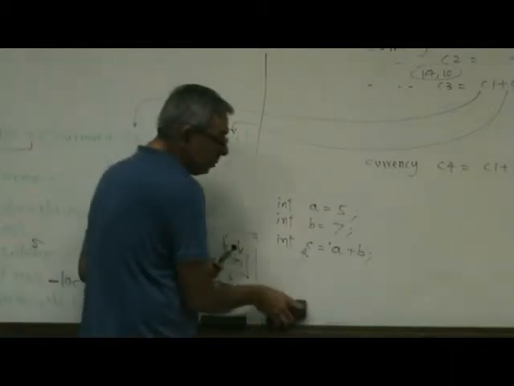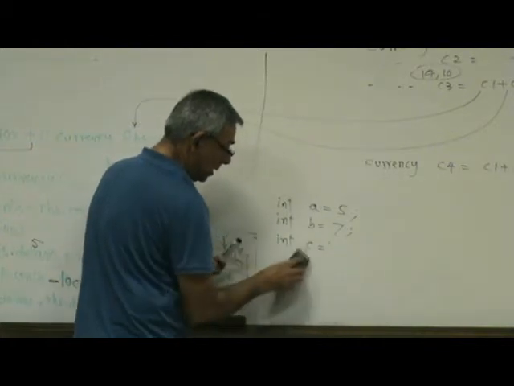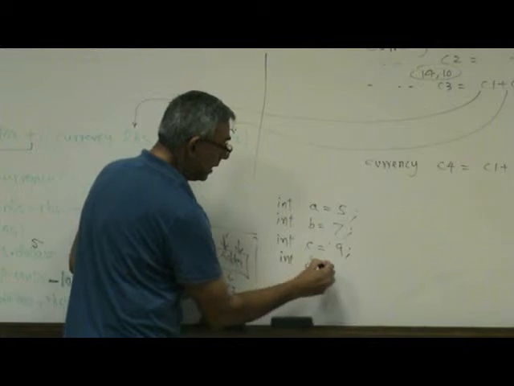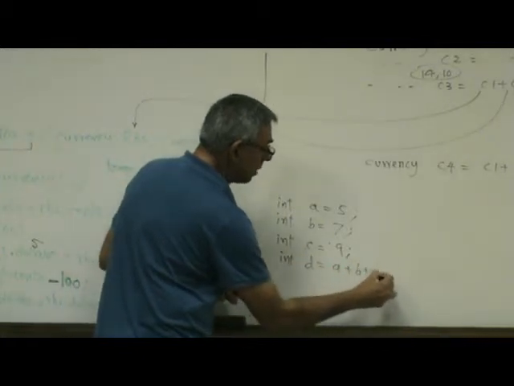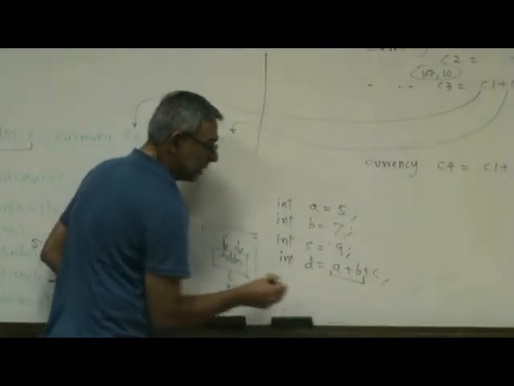3, not 4. So then the question is, what if somebody further said, let's say int c equal to 9, and somebody said int b equal to a plus b plus c. How does the computer add that? The answer is the computer will first convert this to one assembly language add instruction.